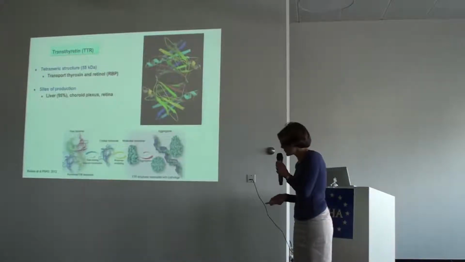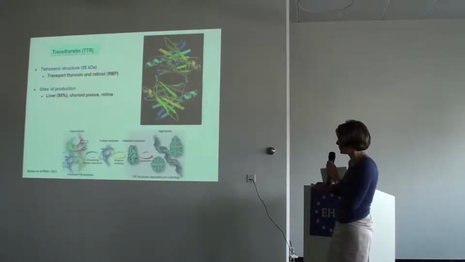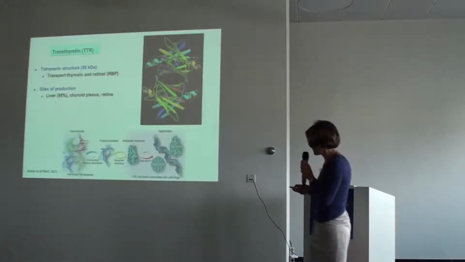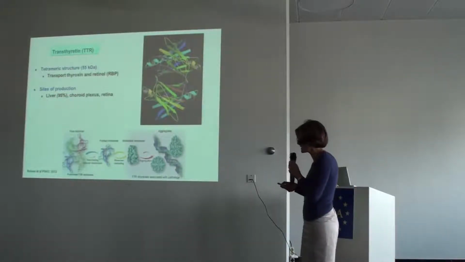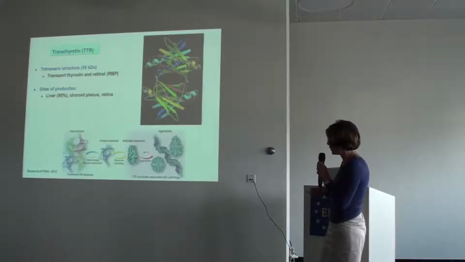The main site of production of this protein is the liver, which produces 95% of the serum rate, and you will see the importance for the therapeutic aspect. Other accessory sources are choroid plexus and retina.